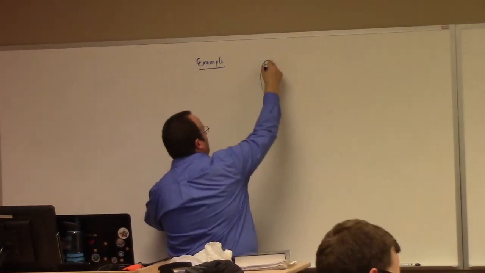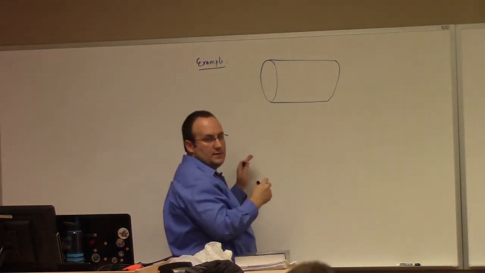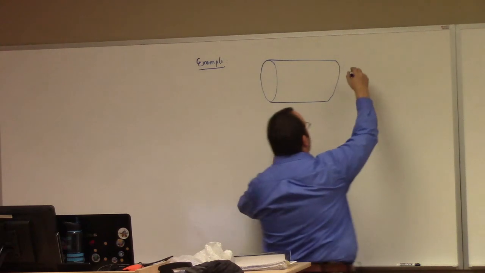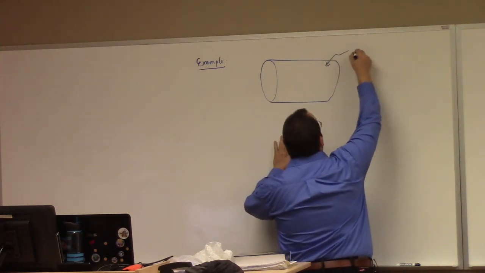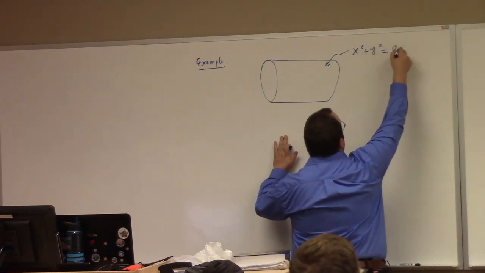Suppose you're looking at a cylinder, and maybe this is x squared plus y squared equals r squared.